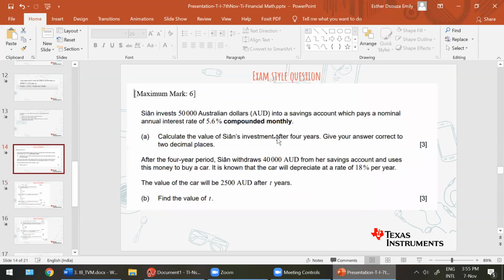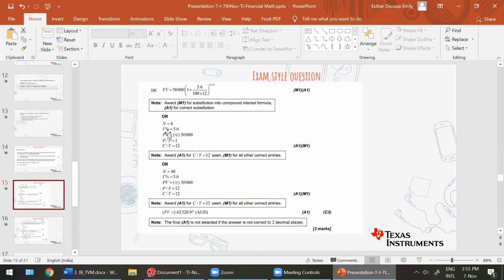Now, it says here to calculate the value of Sean's investment after 4 years. So if you're too lazy to put in other details, please go and type n is 4. Interest rate per annum is not changing. That is 5.6, correct? PV is negative because the money has gone out of their hands, right? Now, the question tells you compounding periods per year is happening monthly, right?